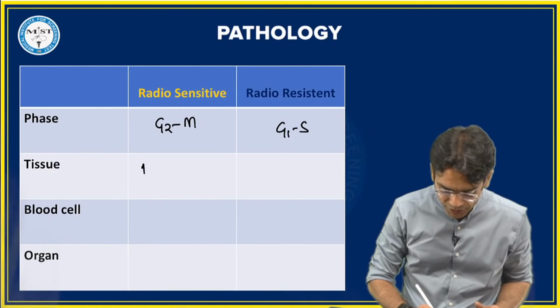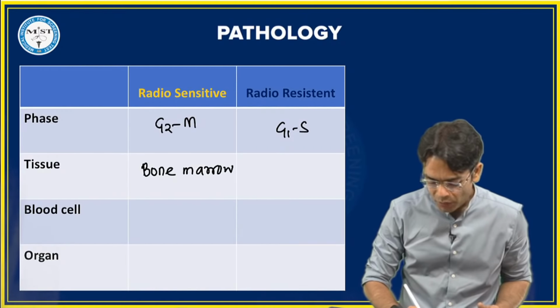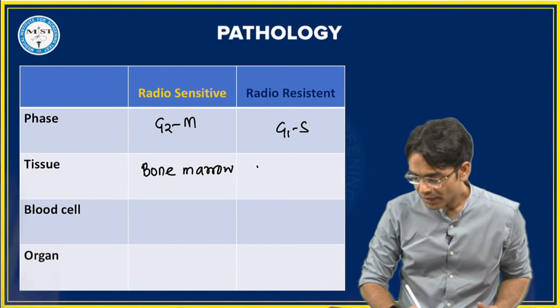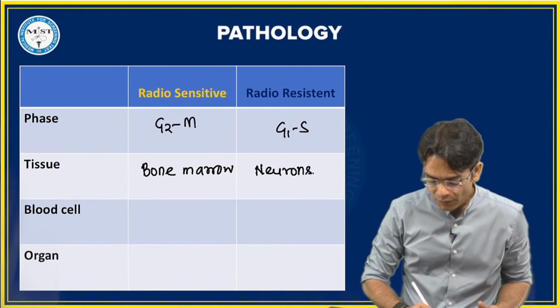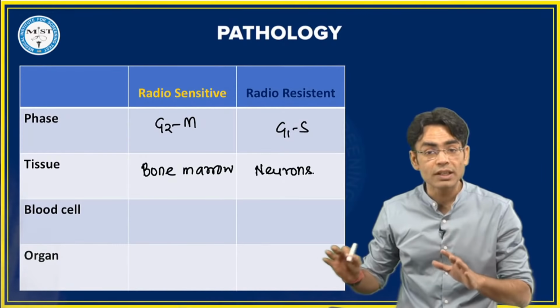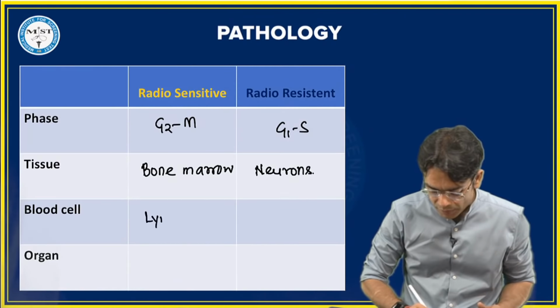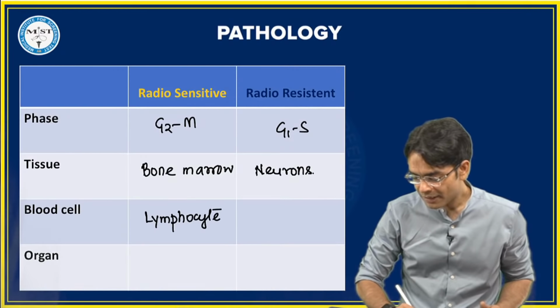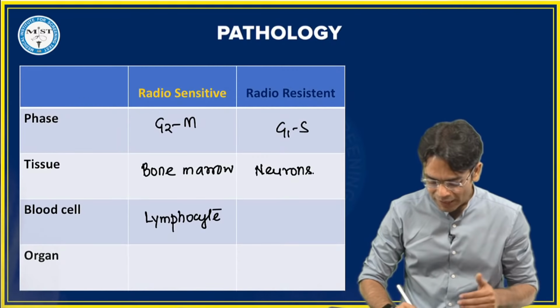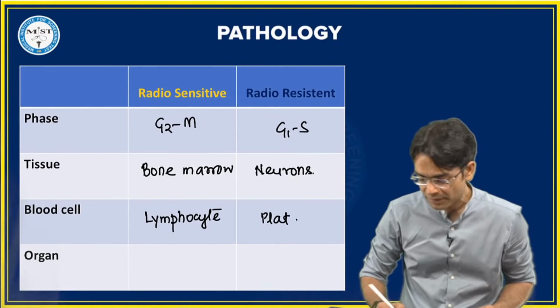Yes, the most radiosensitive tissue is bone marrow. Radio resistant, you are right Rahul, it is neuron. Blood cell which is most radiosensitive, you just learn this: the blood cell which is most radiosensitive is going to be your lymphocyte. And the blood cell which is very radio resistant is going to be your platelet.